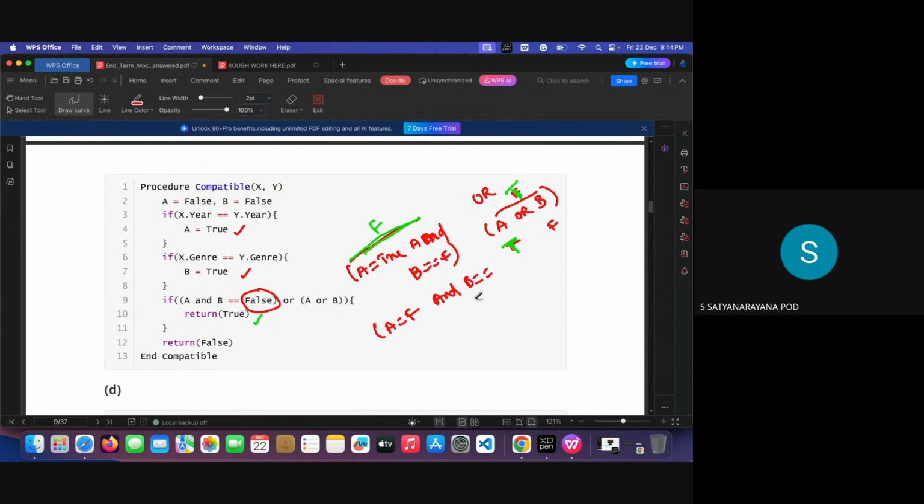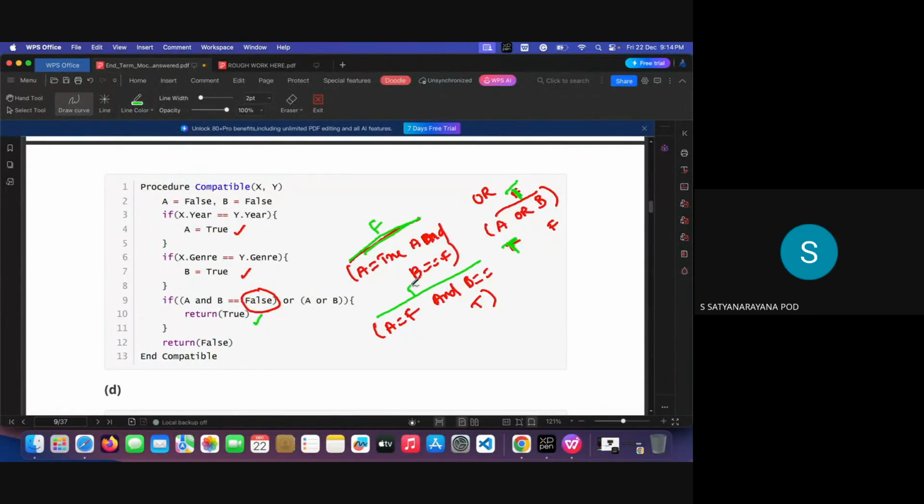B true means my gender is same, year is different. So false and true, what does it return? False only.